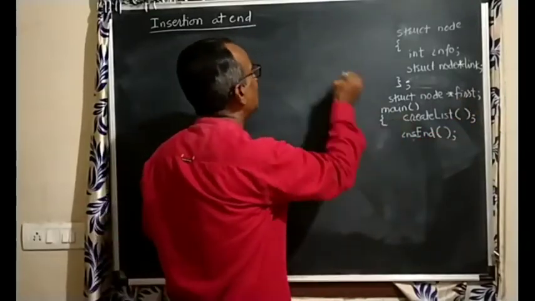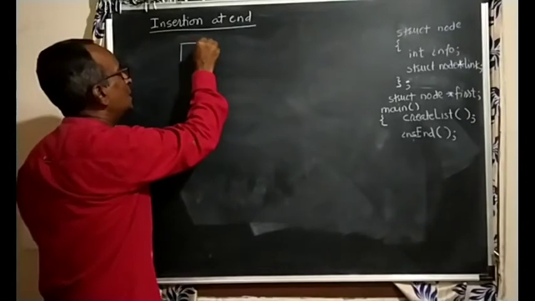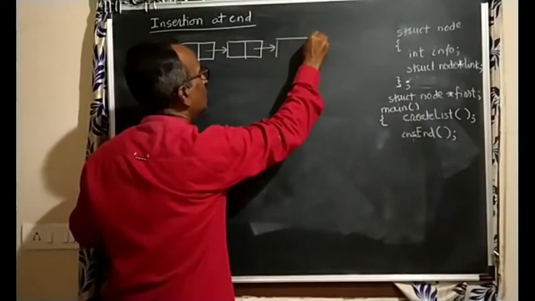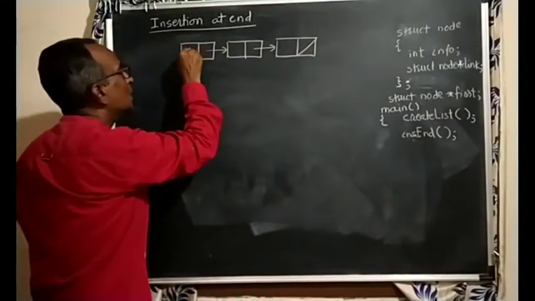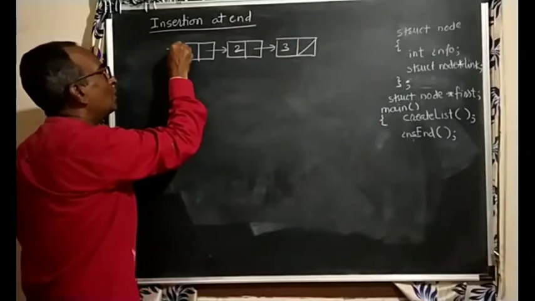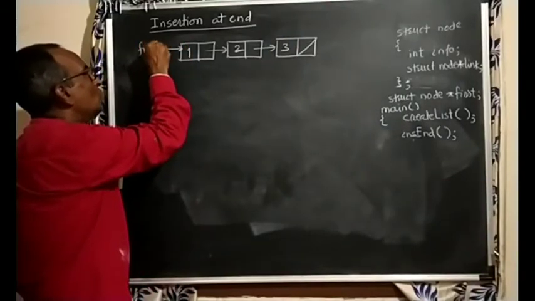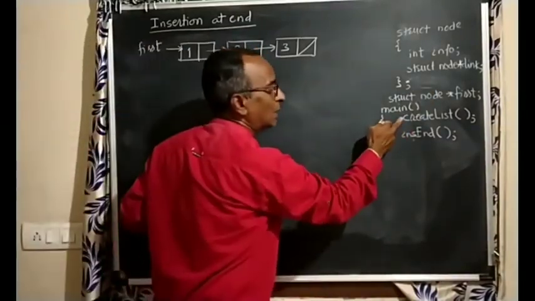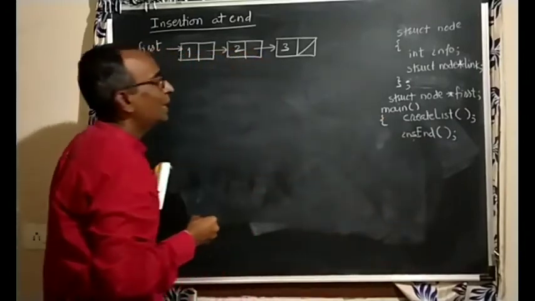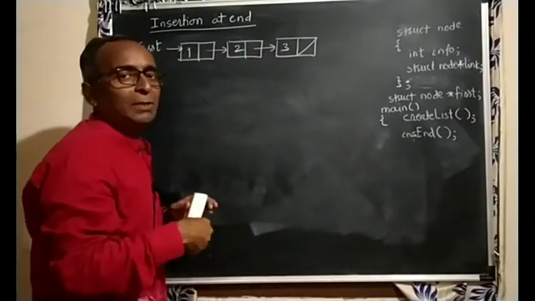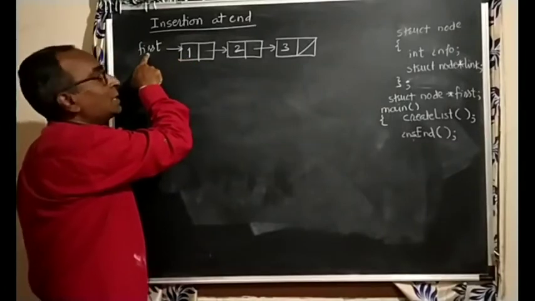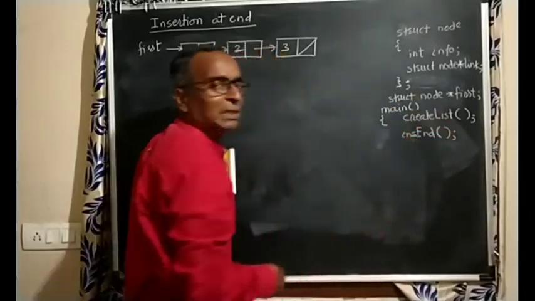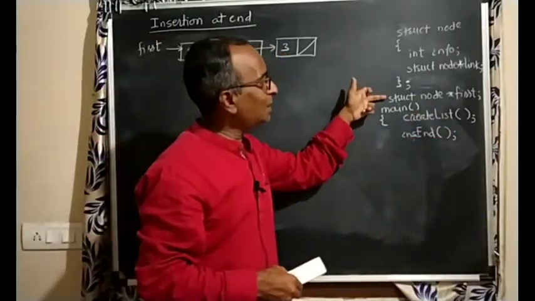Assume this first, as it is a global variable, will be set by this create list. Now where are you inserting? In the list which you have set as first node's address by create list. There is no need of explicitly passing it here because first is visible.